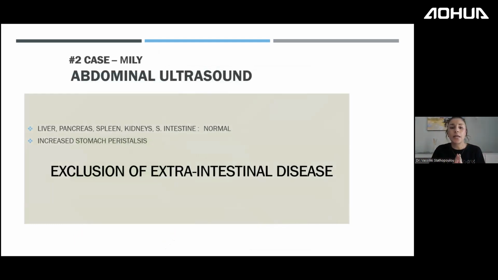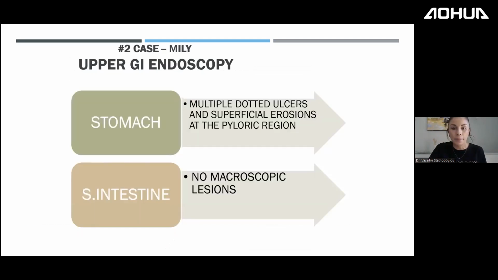The abdominal ultrasound, all the internal organs were normal, and an increased stomach peristalsis. This is only what we saw. So with all of those things, we have excluded all the extraintestinal disease, and now we're ready to proceed to our endoscopic procedure. Never proceed to any endoscopic procedure if you haven't done your preliminary workup, okay?